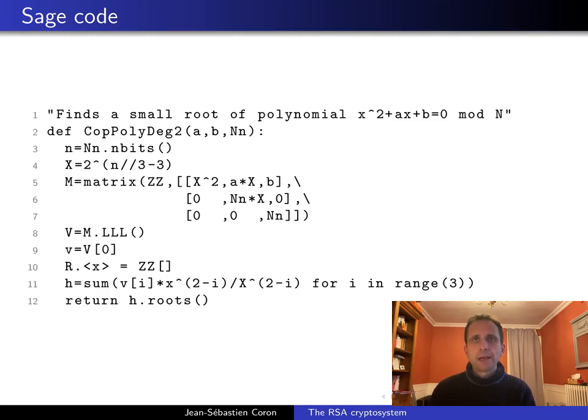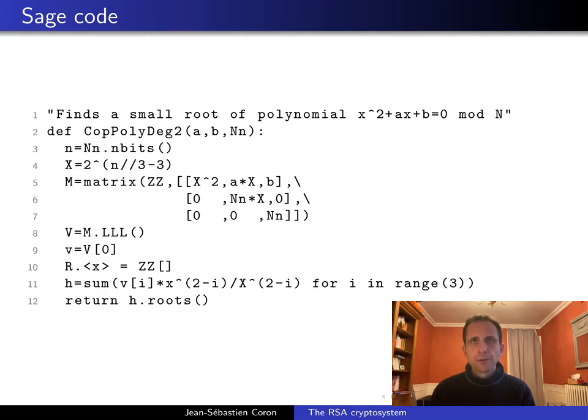And then we can directly apply LLL on this matrix by running the LLL function. Actually, LLL returns not only a single vector, but a new basis of the lattice, a basis of short vectors. But here we only want the first vector of the basis, so we extract V of V0.